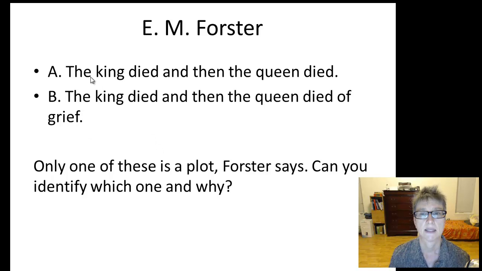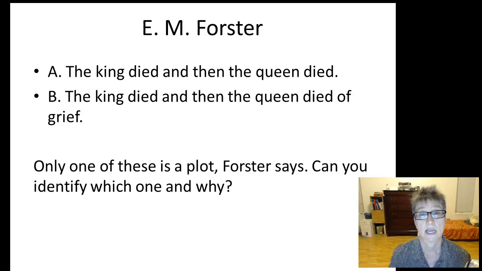According to him, the king died and then the queen died is a story, or as he says, just a story, only a story. It's just one event and then another event, and without any necessary connection between them. Just like a soap opera, one thing happens and then another thing happens and then another thing happens, or just like our lives, you know.